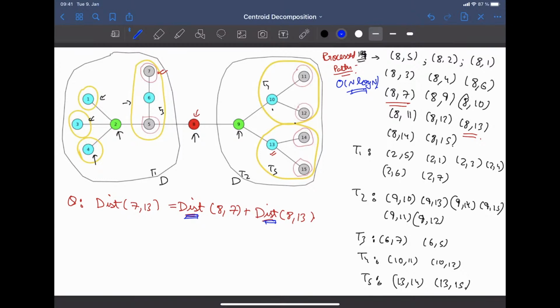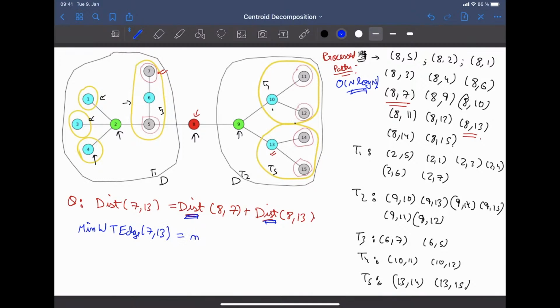For example, the next question is, what is the minimum weight path, suppose I ask you the minimum weight edge which lies on the path from 13 to 17.